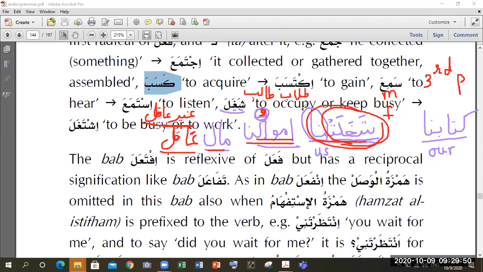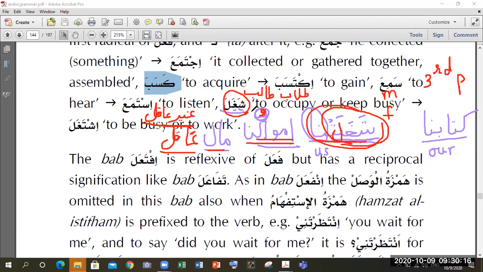So now, for example, if I want to say my students kept me busy, or our students kept us busy, I'll say shagala. Now students are sensible, I will not use the female for them. So I will use shagala, the third masculine person.